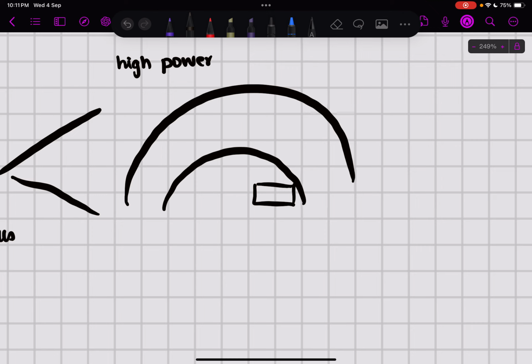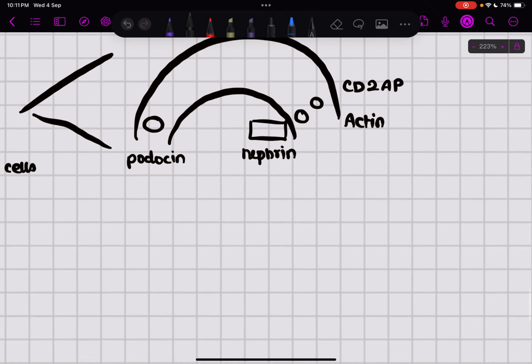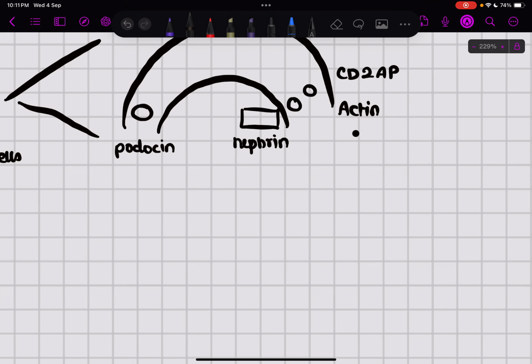There is a protein sticking outside called nephrin, and there is a protein inside called podosin, and there are two proteins inside, actin and CD2AP. The CD2AP is of no use. Podosin, nephrin and actin.